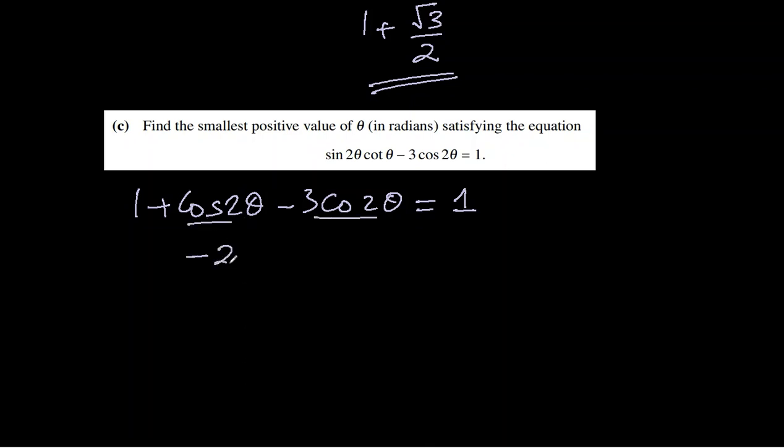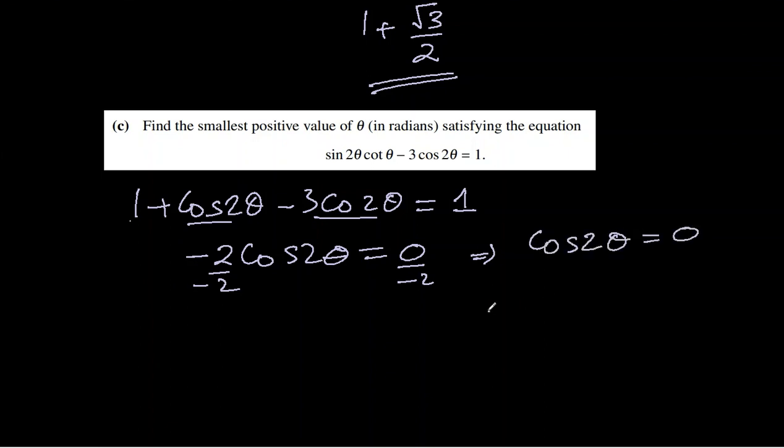It will become minus 2 cos 2 theta, because both of them are cos 2 theta now. And 1 minus 1 is 0. And if we divide by minus 2 on both sides, again it will be 0. So basically it is cos 2 theta equal to 0.